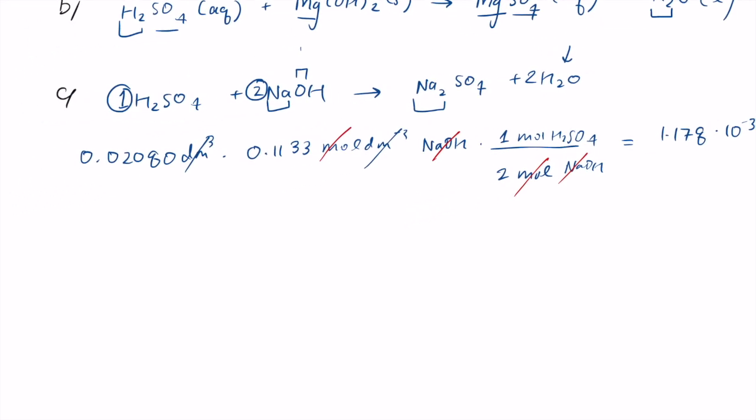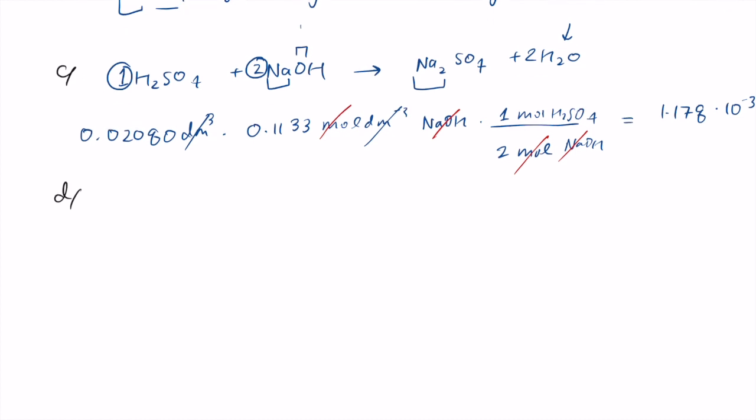So for D, let's calculate the amount of H2SO4 that reacted with MgOH, or magnesium hydroxide. And to do this, all you have to realize is you're going to subtract from the total amount of H2SO4 that we calculated in A, the amount we calculated in C. So used H2SO4 is equal to 0.00500 mole, because that's the total amount of H2SO4 we had.